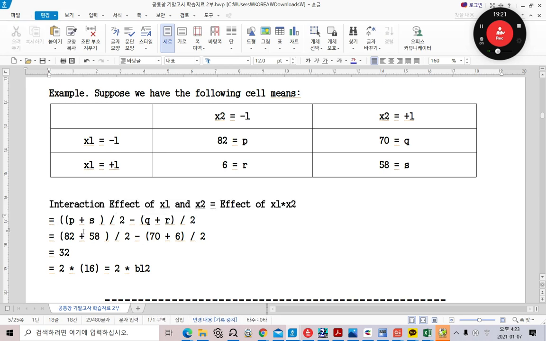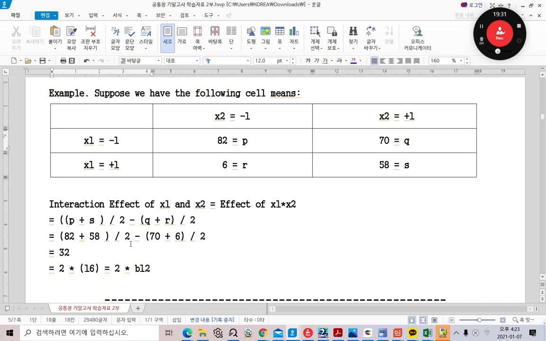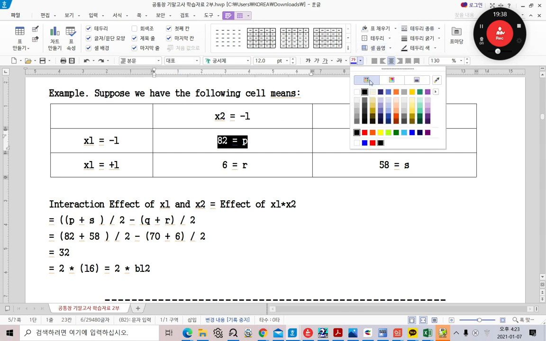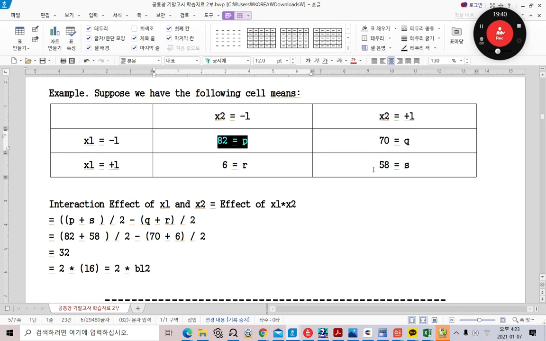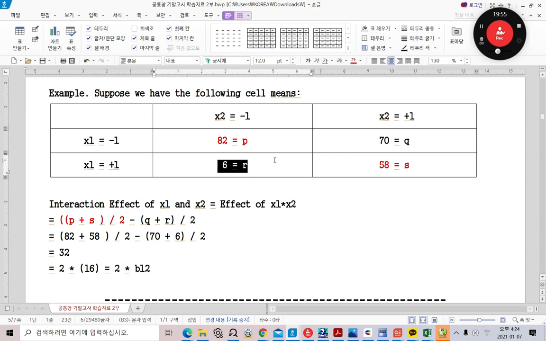P plus S divided by 2, minus Q plus R divided by 2.